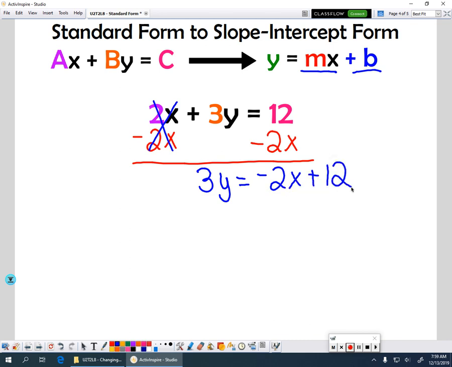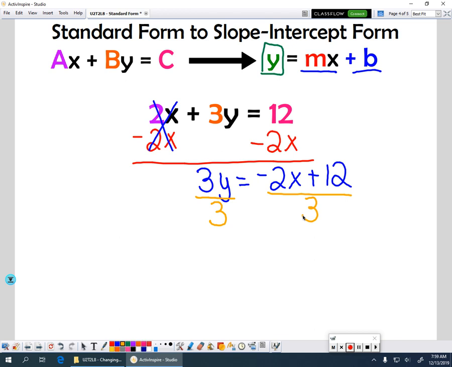One other thing I want you to notice with this one is it needs to be just y. Down here we have 3y. We can't have 3 y's if we have slope-intercept form. It has to be just y equals. So I need to divide by 3. If I divide the left side of my equation by 3, I also have to divide the right side by 3.